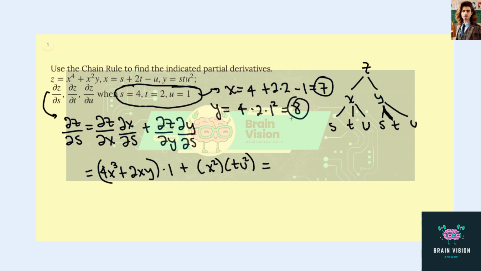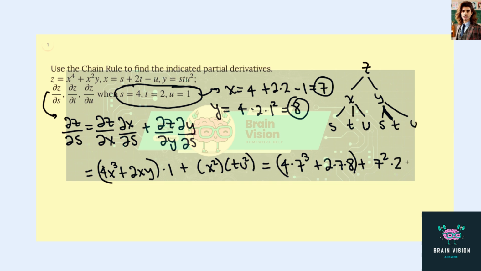So that means that we could plug in all these values for x, y, s, t, and u. And then we'll have x squared, so that's 7 squared, and then t times u squared, so that's just a 2.